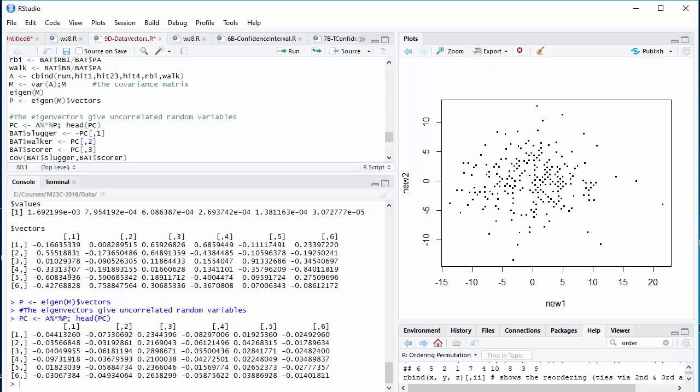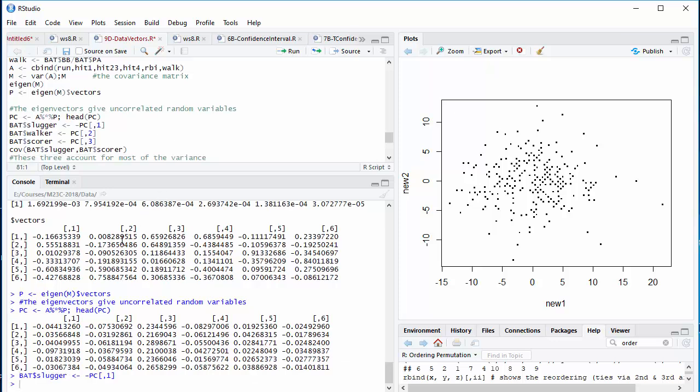It has a substantial amount of home runs built into it, if I ignore the minus sign. It has a substantial amount of walks built into it, and that's fairly reasonable because pitchers like to pitch around folks that hit home runs, so I decided to call this one slugger.